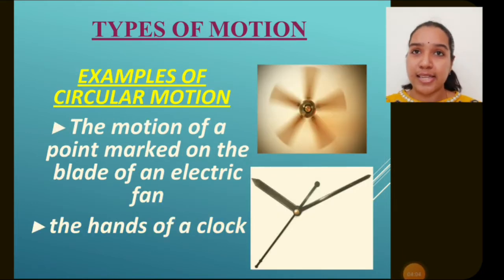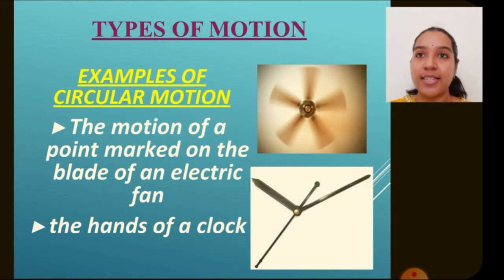Few other examples of circular motion are the motion of blades of a switched on electric fan and the hands of a clock. Like we discussed in the previous class, these objects show circular motion.